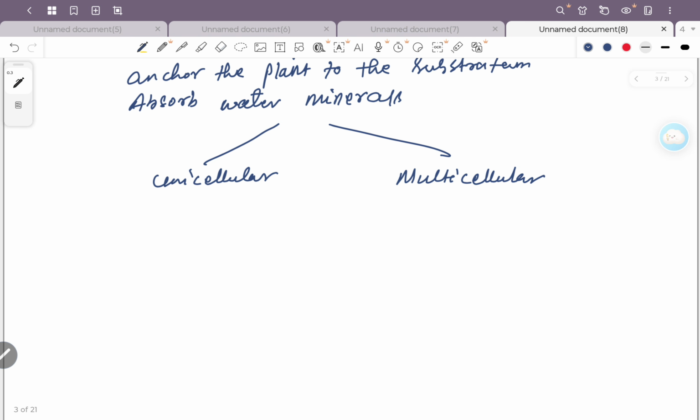Now come to the life cycle of bryophytes, which is the most important part in this topic.